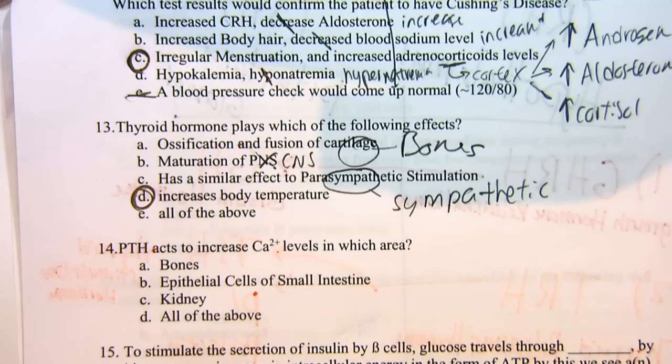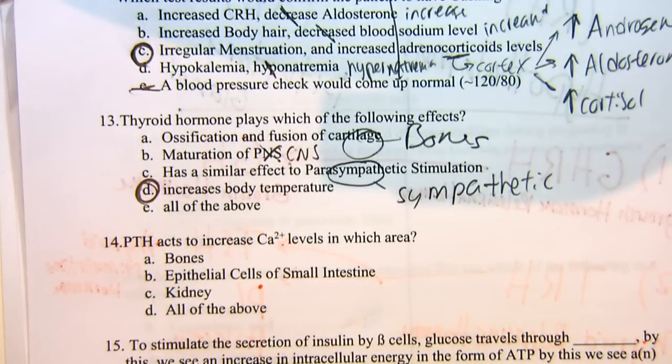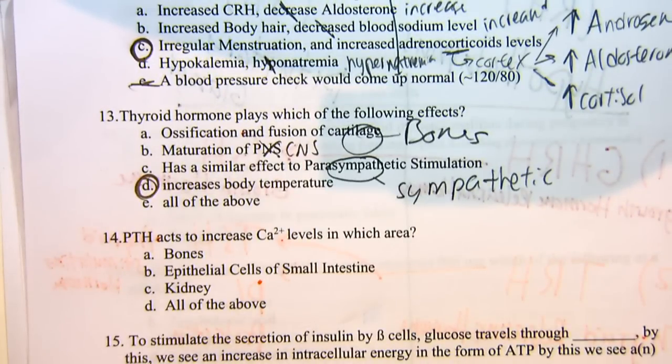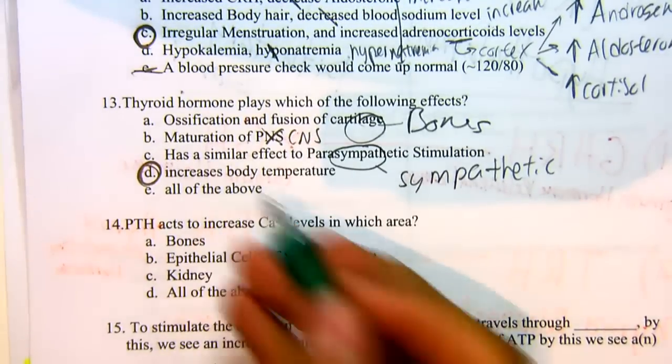They're kind of opposites. Excess sympathetic stimulation increases heart rate, sweating, anxiety, and blood pressure. So think of the sympathetic system and you can figure out the symptoms. The answer for that one was D, increased body temperature.